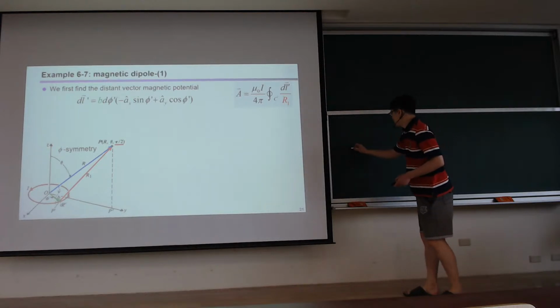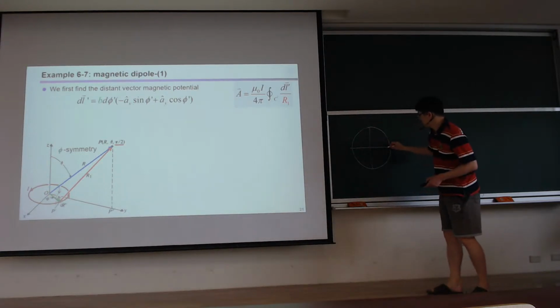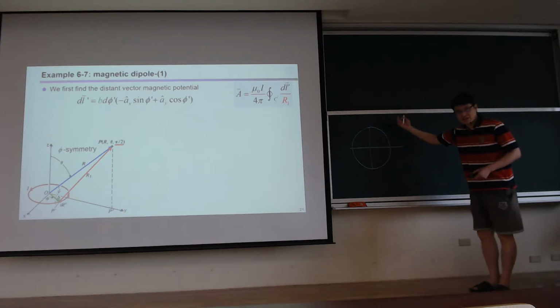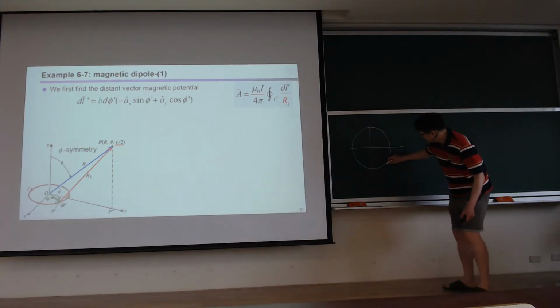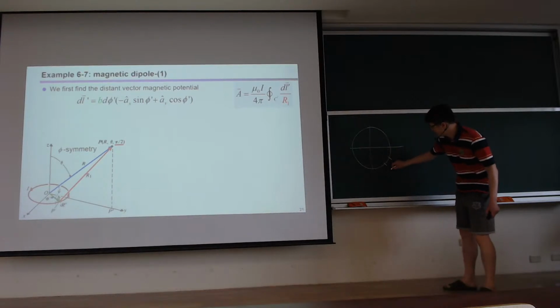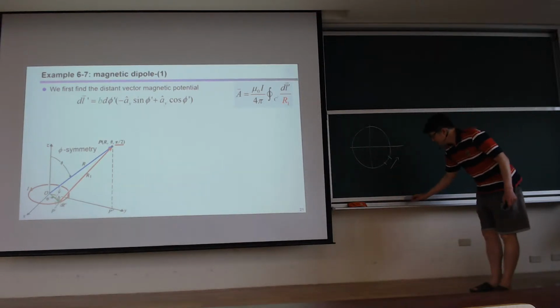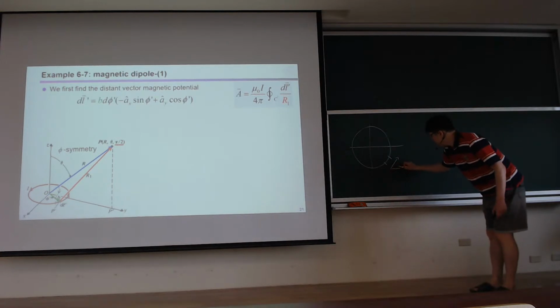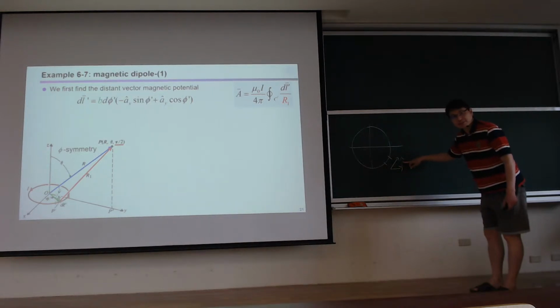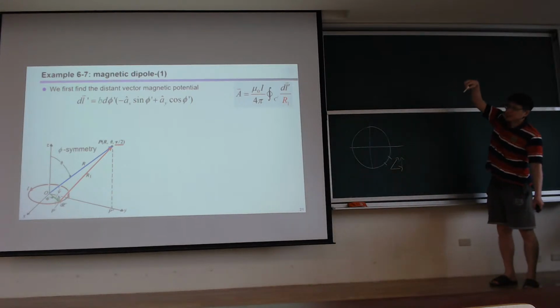Okay, let's try to plot out a circle. Okay, I'm trying to draw a circle, the cross section of my loop. If I'm trying to evaluate this piece of segment, then I can draw the dl prime, and then I can decompose it into the y component and x component. Okay. My observation point is somewhere here, right? Somewhere here.